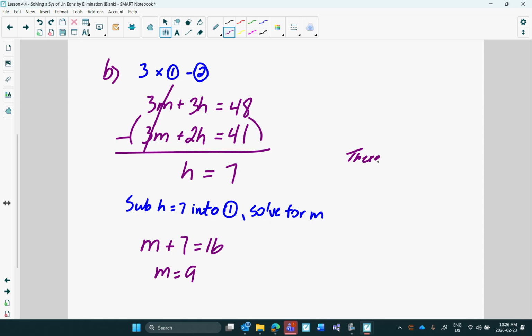So there are 9 M&Ms and 7 Hershey bars. And that's my final answer.